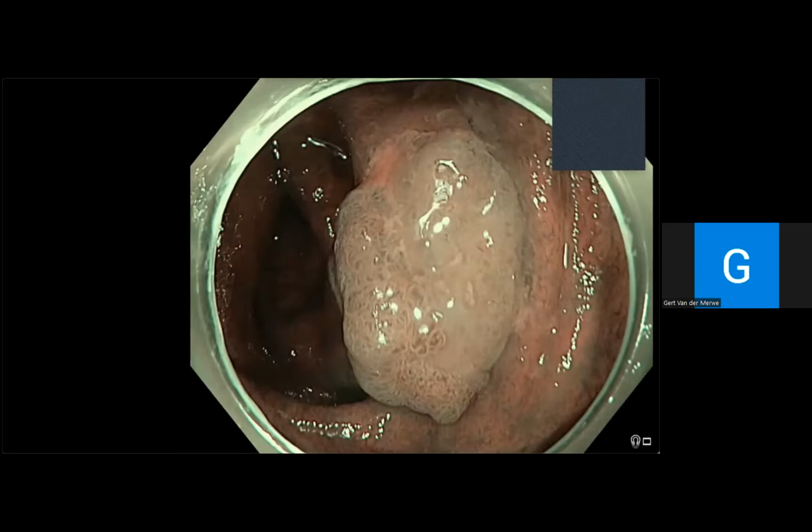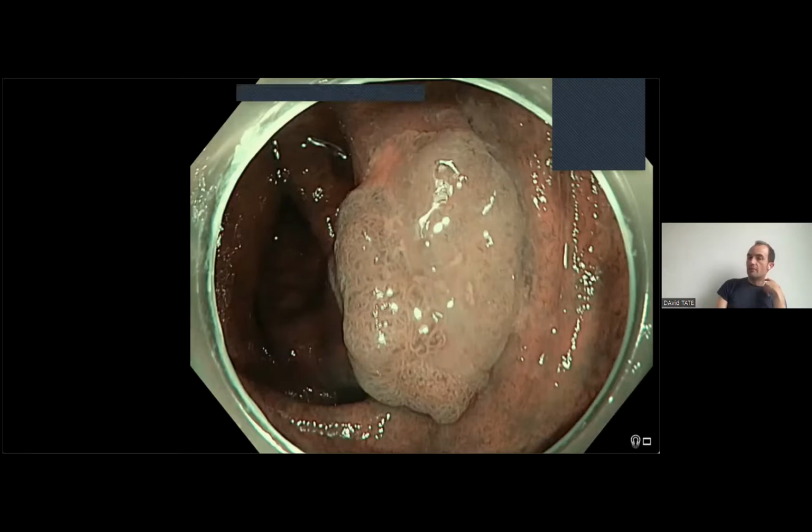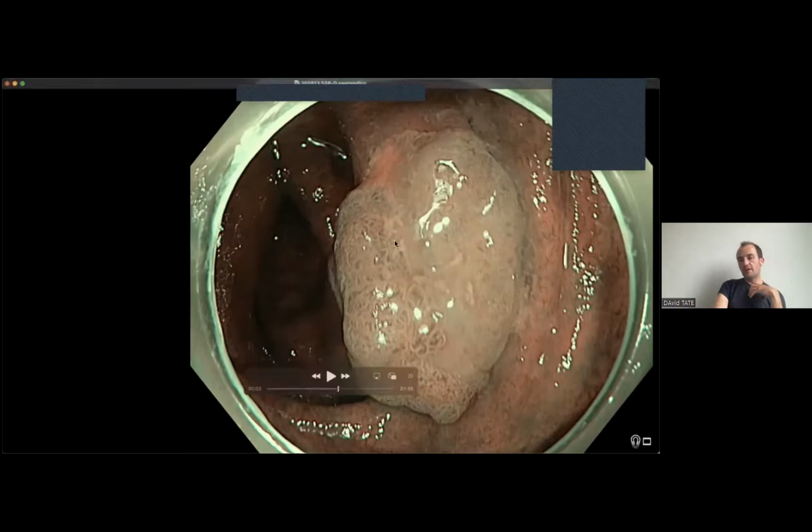No, I think there's probably a high-grade dysplasia in this. There could be areas that are darker than the surrounding areas in the polyp, but I don't think there's a cancer in this.